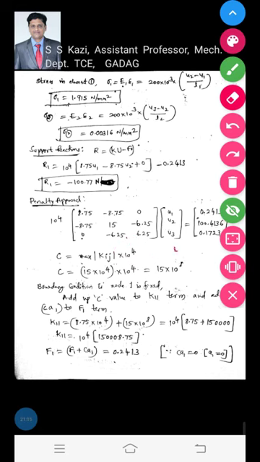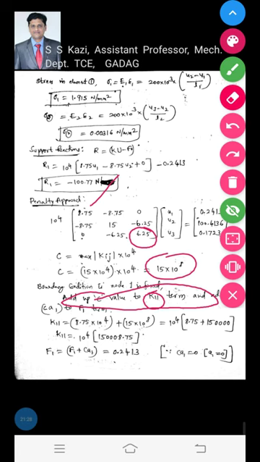Now, this C value. Since the boundary condition is that node 1 is fixed, add this C value to the K11 term, because node 1 is fixed. If node 3 is fixed, then add the C value to the K33 term.